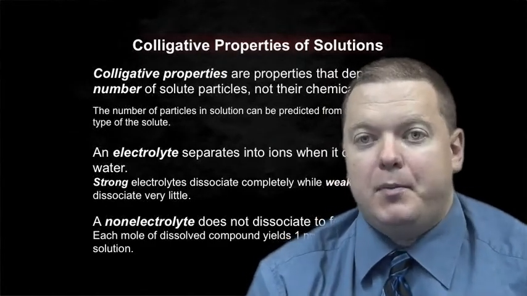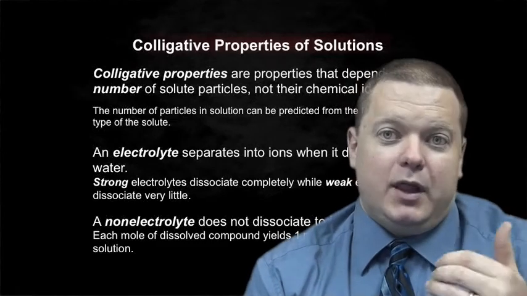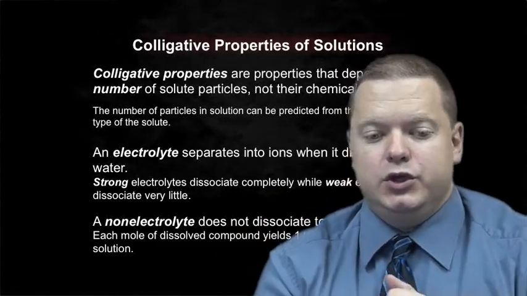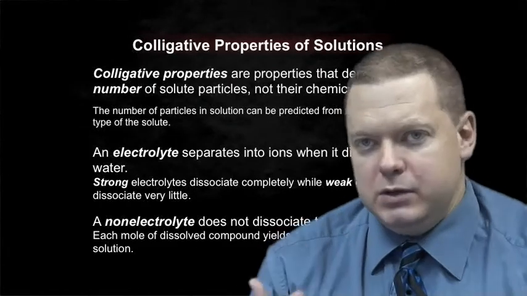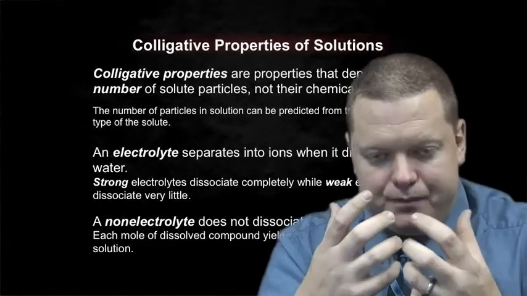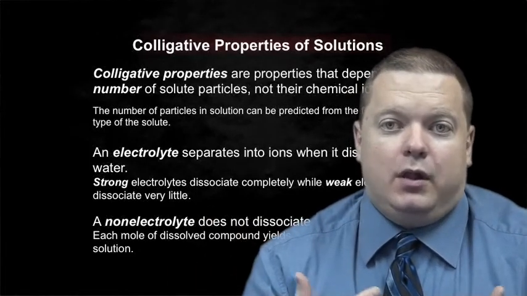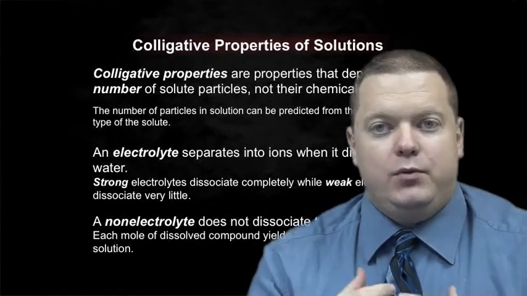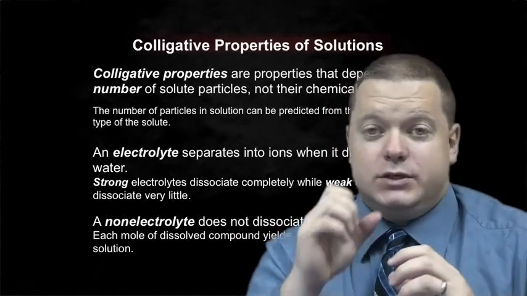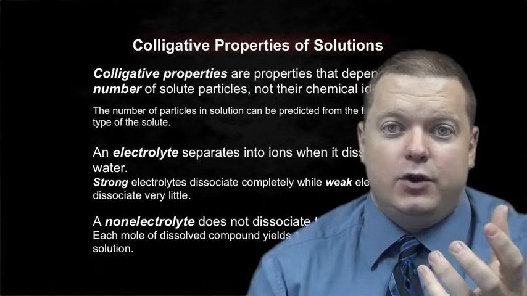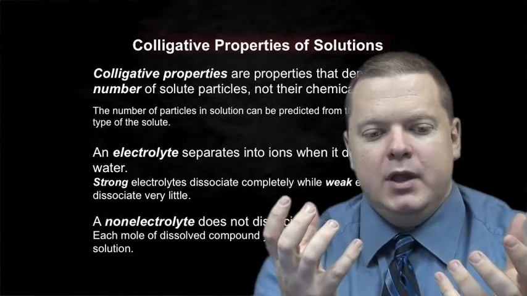If we remember back previously, an electrolyte is something that dissociates when we put it into the solution. If we're making aqueous solutions and it dissociates completely, that is what we call a strong electrolyte. Like sodium chloride is a strong electrolyte. Once you put sodium chloride in water, it completely breaks up into the sodium ion and the chloride ion.